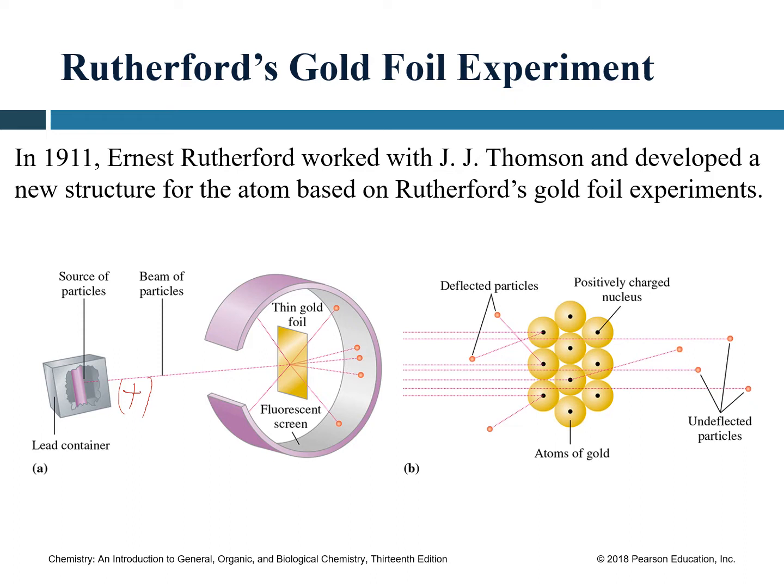This was the region where most of the particles just traveled through the atom, undeflected. So he said those that were undeflected were just passing through the empty space, and whatever was deflected back were the particles that came across the center of the atom, which is a dense nucleus. Okay.